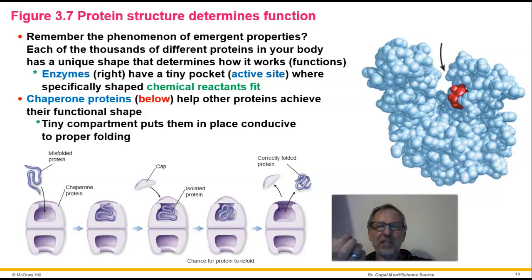That's what the little compartment is called. And very specific chemical reactants fit into that active site, into that little cavity. And that shape of the active site is what makes that enzyme work in its specific way. Shape determines function.